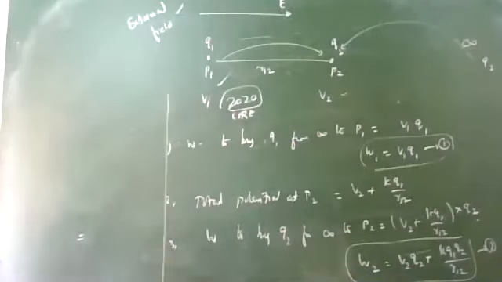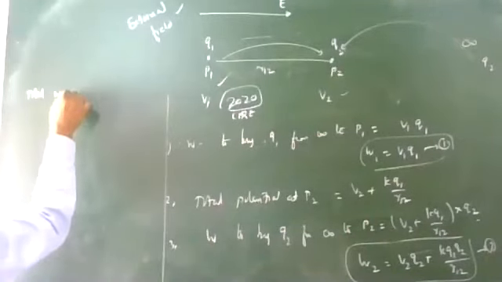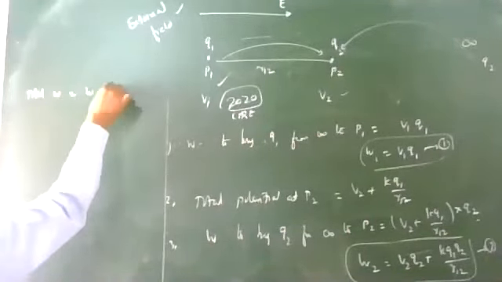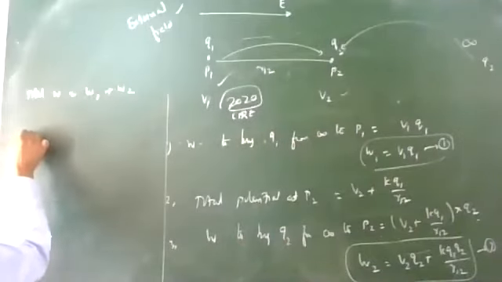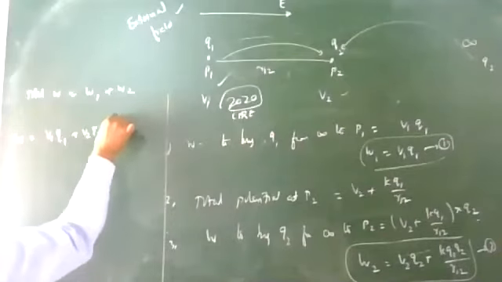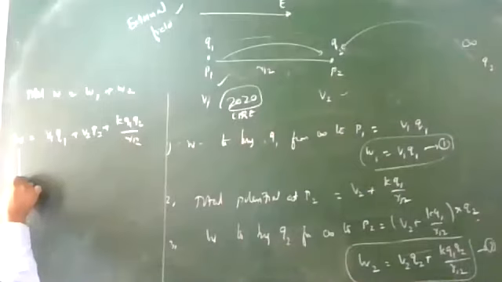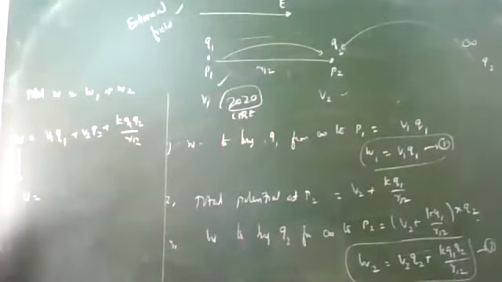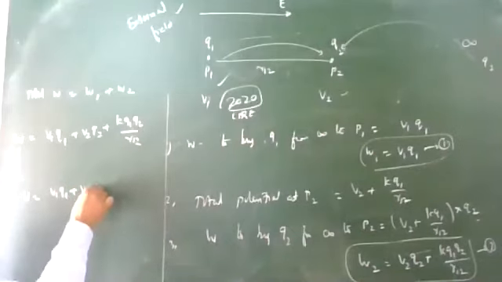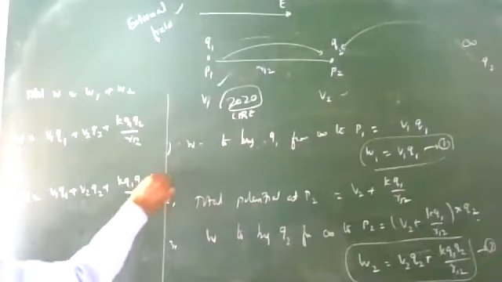So total work done equals W1 plus W2, that is V1 Q1 plus V2 Q2 plus K Q1 Q2 divided by R12. This work done is stored as potential energy in the external field, equal to V1 Q1 plus V2 Q2 plus K Q1 Q2 divided by R12.